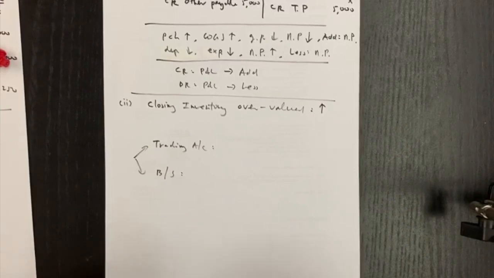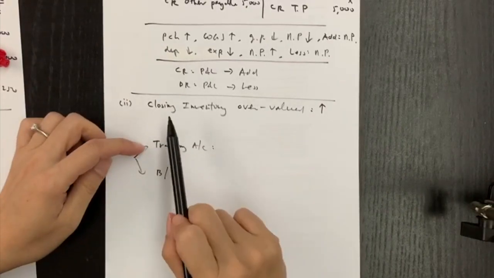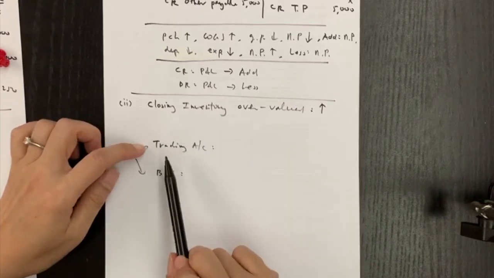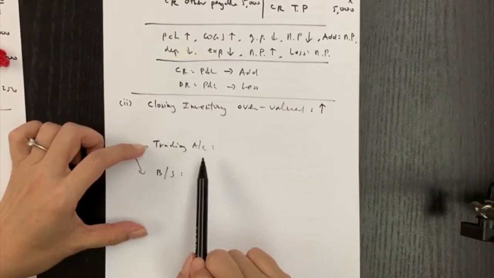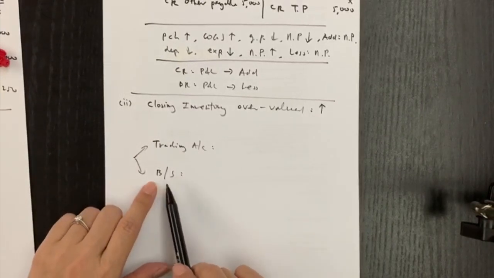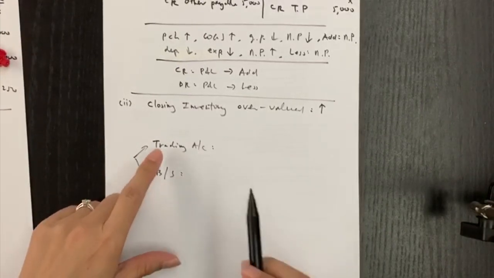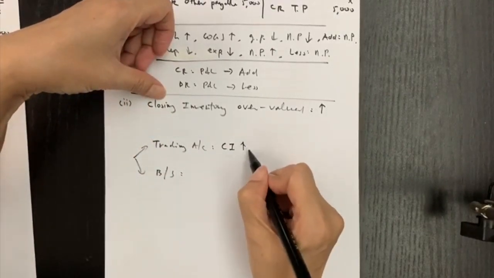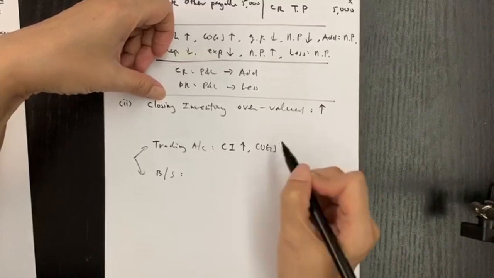Okay, so what is the analysis? First, where do we put closing inventory? We put that in the income statement, and also this will be in the trading account. Not only that, we have closing inventory also in the balance sheet, the statement of financial position. Okay, so what's wrong if closing inventory is too large? Then what happens to cost of goods sold?